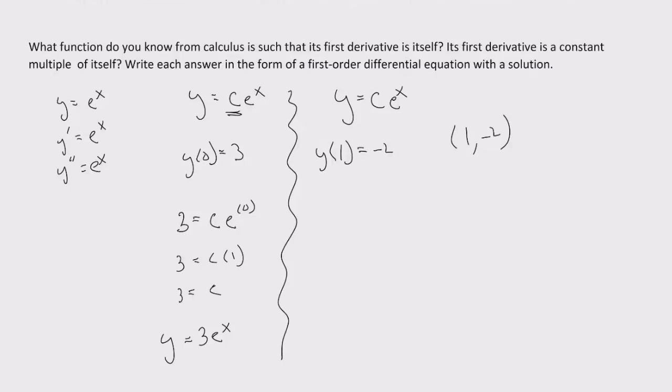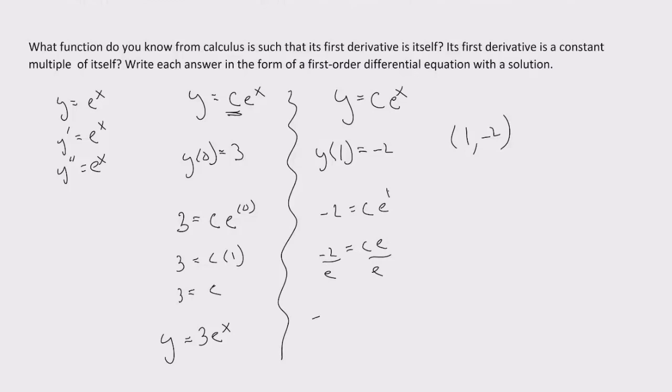Well, same thing we did a second ago. We're going to evaluate x and y. So here we got c to the first, right? Let's see. So that says -2 equals ce. So if I want to solve for c, I'm going to divide both sides by e.